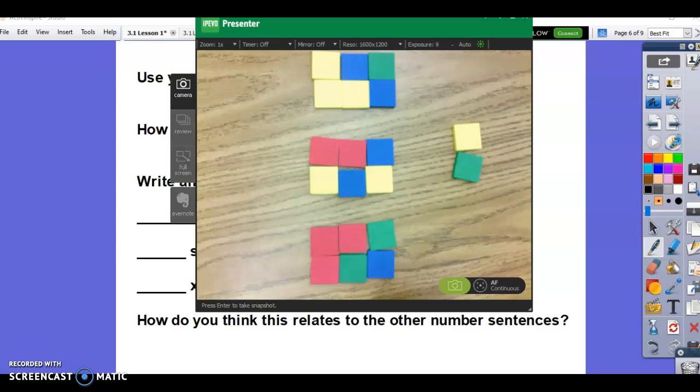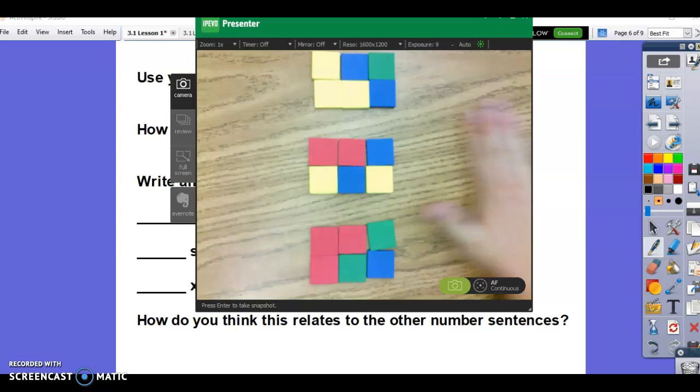That's 1 equal group. Here's another group of 6. Here's another group of 6. And I still have these 2 counters over here that I could not make an equal group of. So I'm going to push those to the side because the thing with multiplication is that it has to have equal groups.